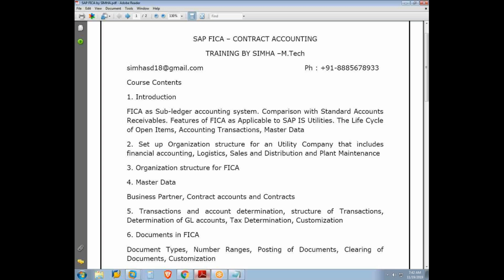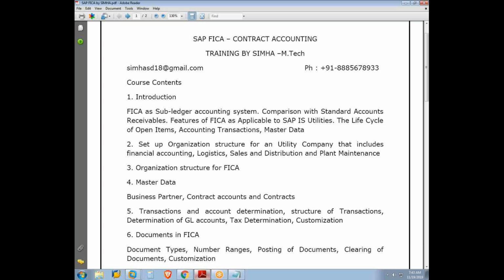Then you can understand the nature of posting, the reconciliation key, and how to transfer the data to financial accounting. We can use these FICA documents in future for other processes like interest calculation, dunning, write-off or installment plan. Basically, the journey of FICA starts from the time a FICA document is posted.